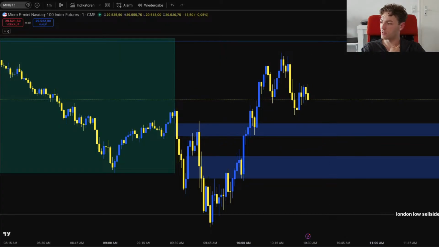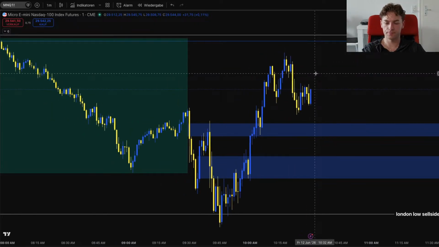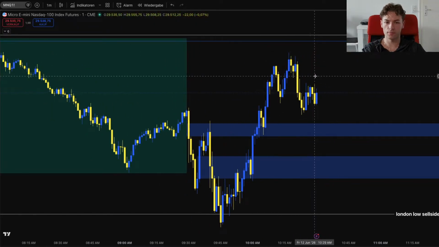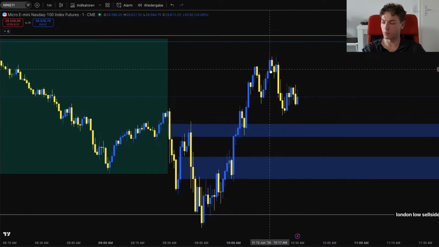Let's see. Yeah, that was kind of moving sideways. S&P took out this high. The most bullish one is NQ, of all of them. So if one of the three averages takes out buy side, it would be Dow or NQ.